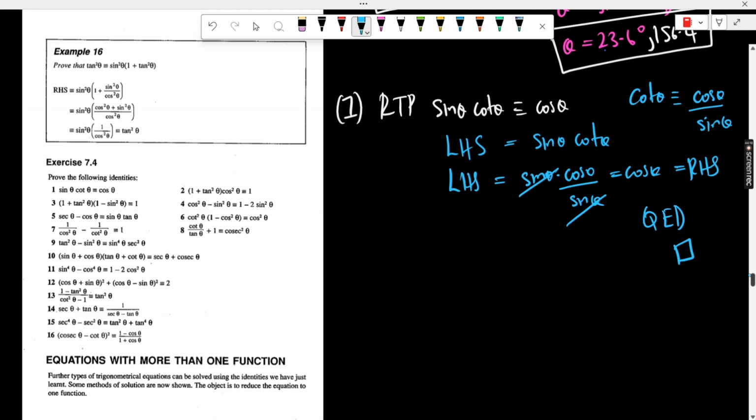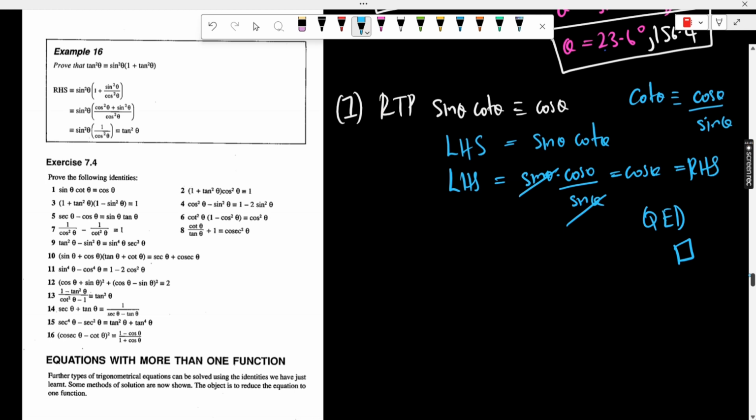So we're required to prove that sine theta cot theta is equivalent to cosine theta. The first thing we try to identify is which of the two sides is the more complicated. We generally agree that the left-hand side is more complicated because it is a product of two trig ratios, sine theta and cot theta, and cot theta is one of the minor trig ratios.